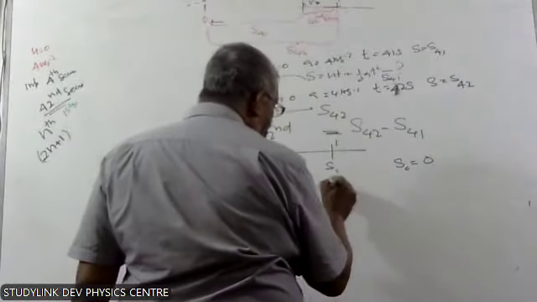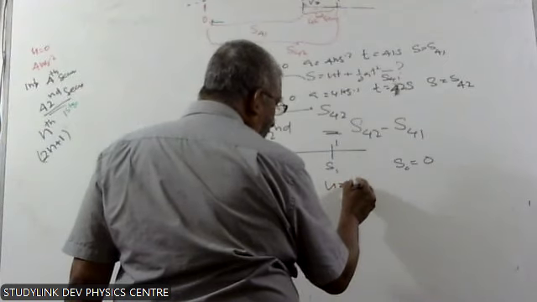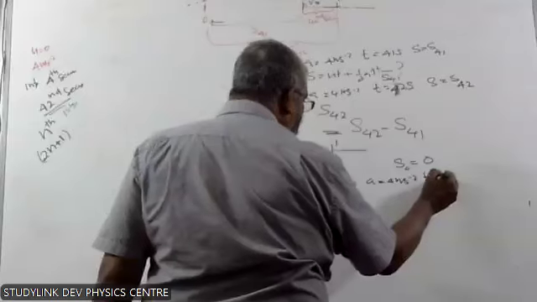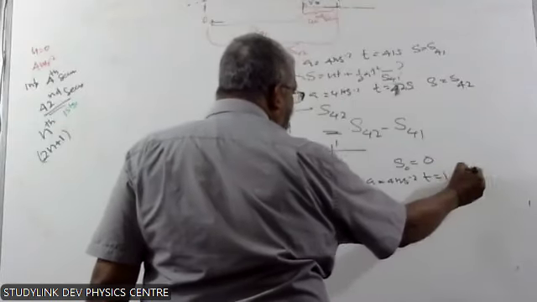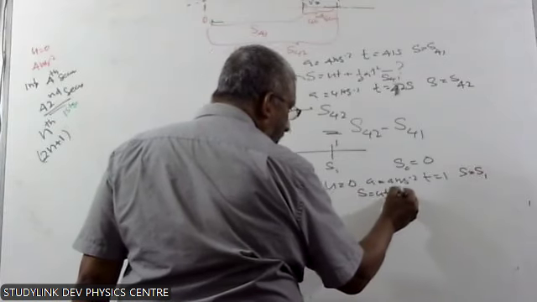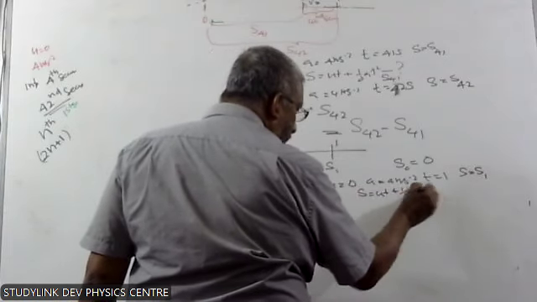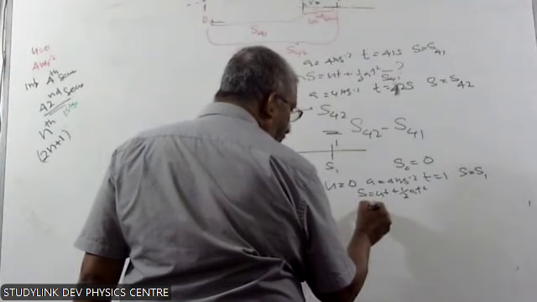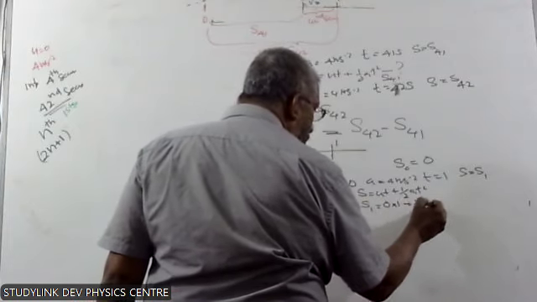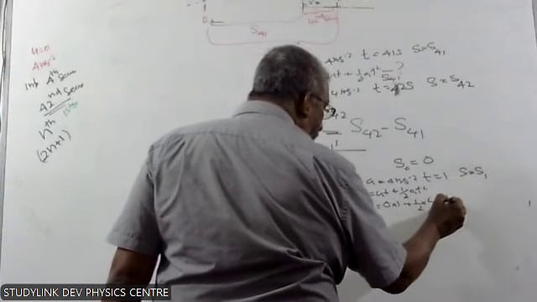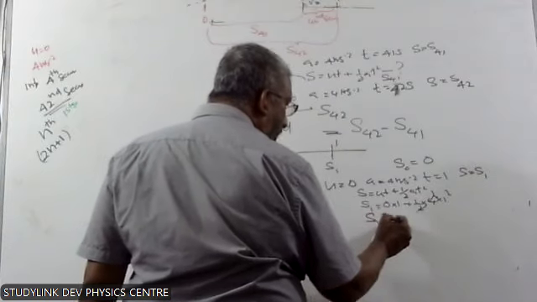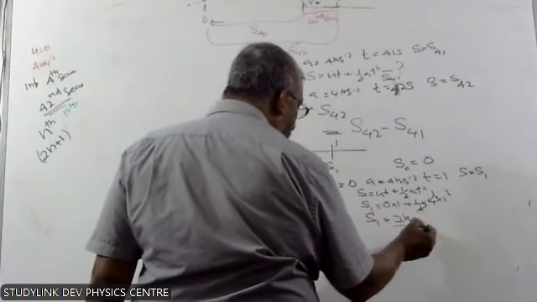For S1, u is equal to 0, a is equal to 4 m/s², t is equal to 1, and s is equal to S1. s equals ut plus half at squared. Then S1 is equal to 0 into 1 plus half into 4 into 1 squared. This is 2. Then S1 is equal to 2 meters only.